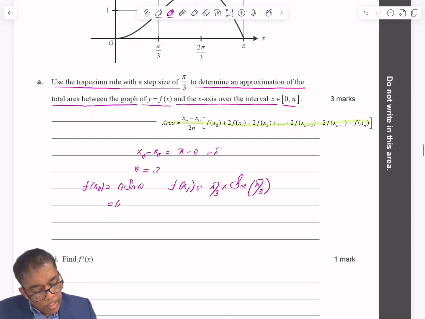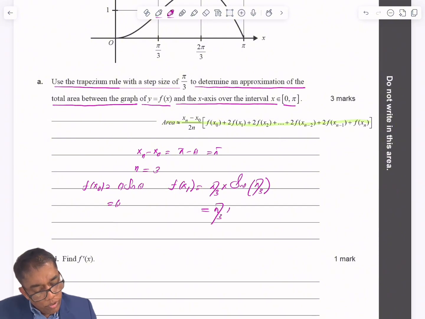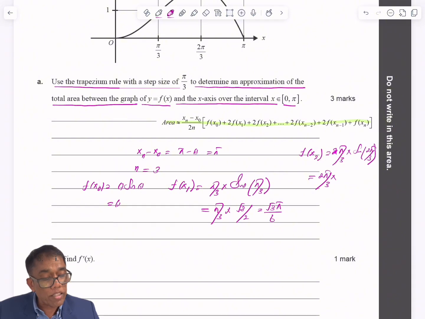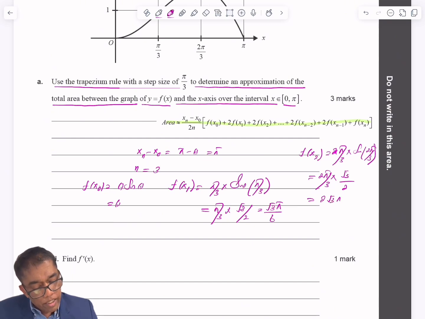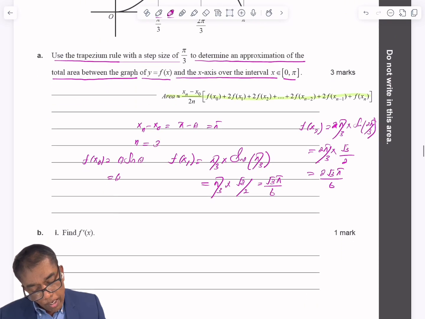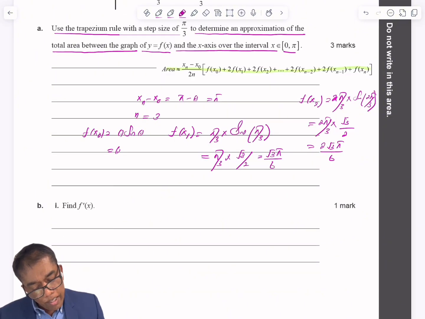It is pi over 3 times root 3 over 2, which is root 3 pi over 6. f of x2 is 2 pi on 3 times sine 2 pi on 3, and sine 2 pi on 3 is the same as sine pi on 3, which is root 3 over 2. So it is 2 root 3 pi over 6. Now, f of pi is pi times sine pi, which is 0.